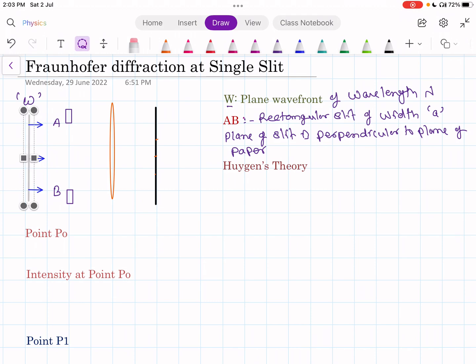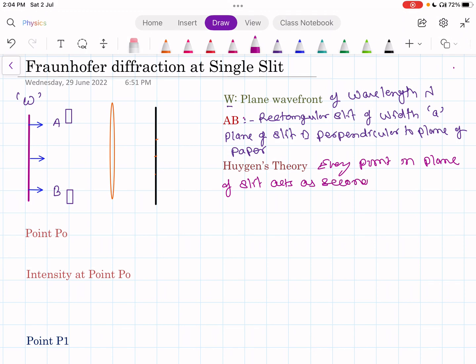So according to the Huygens theory, every point in plane of slit acts as secondary source and emits secondary wave in all directions.